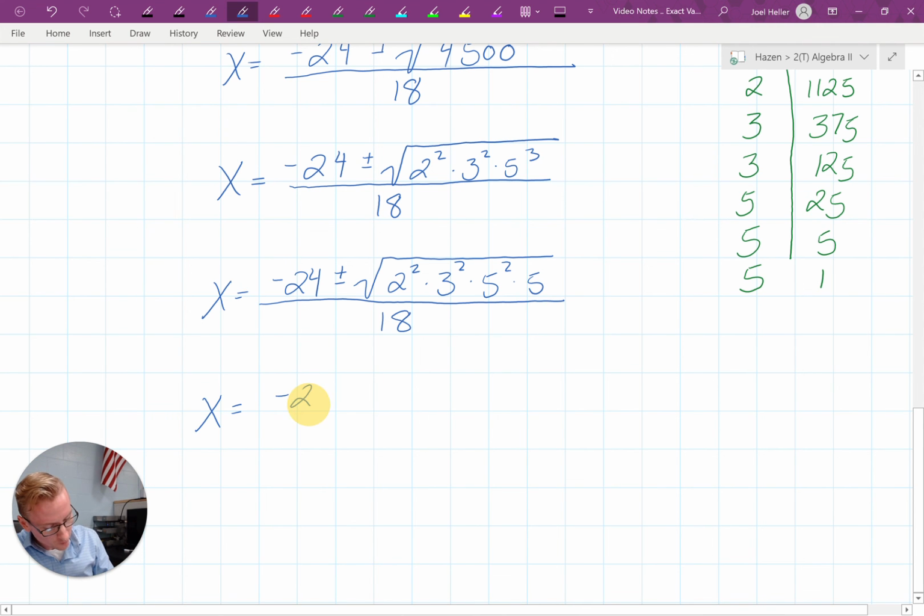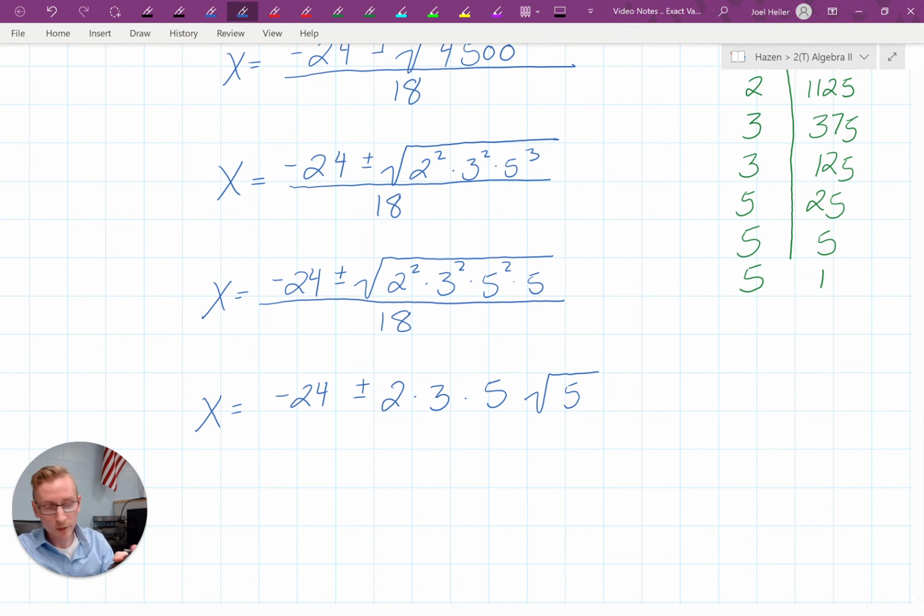So I've got negative 24 plus or minus the square root. That's going to be 2 times 3 times 5 times the square root of 5, because that 2 squared comes out as 2, the 3 squared comes out of the square root as 3, and the 5 squared comes out as 5.